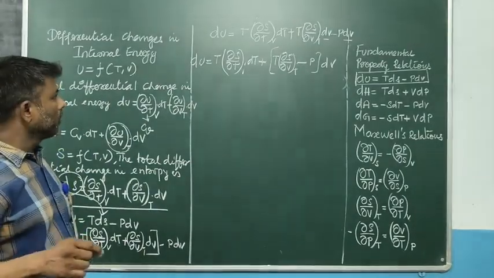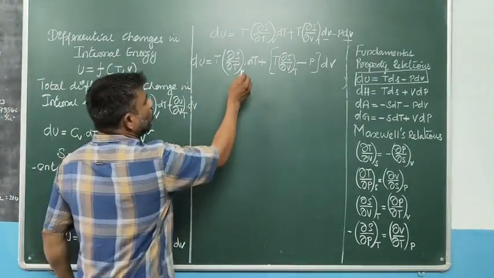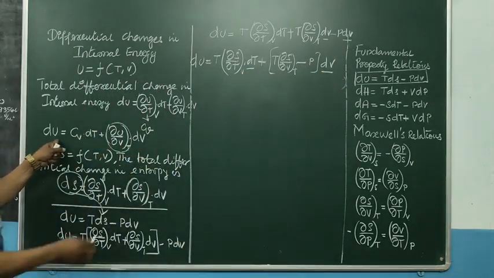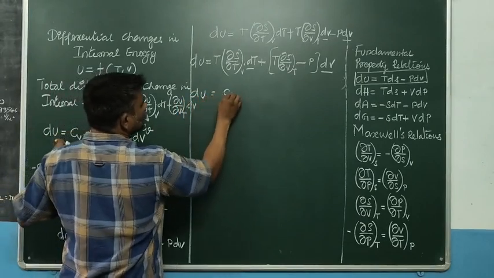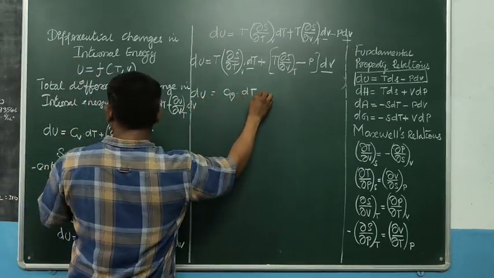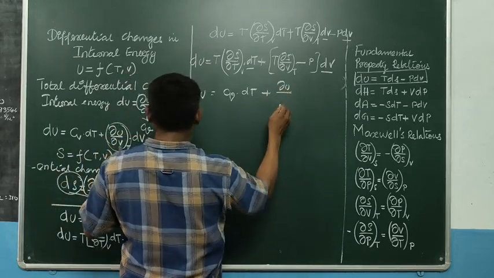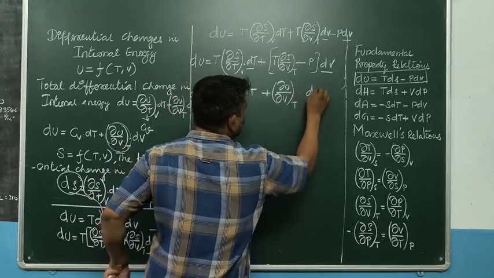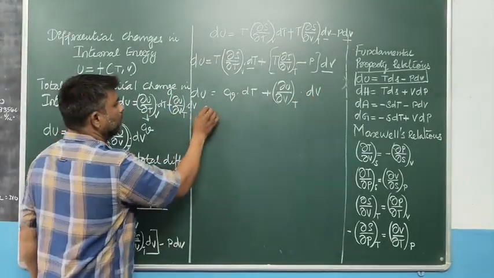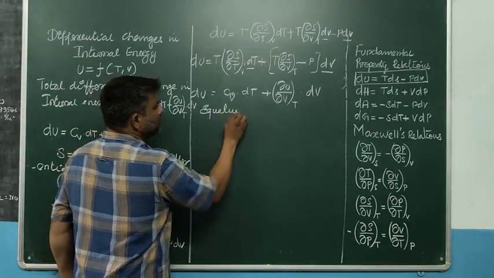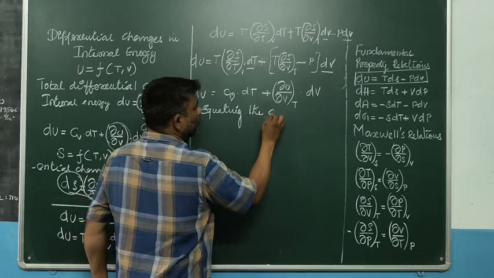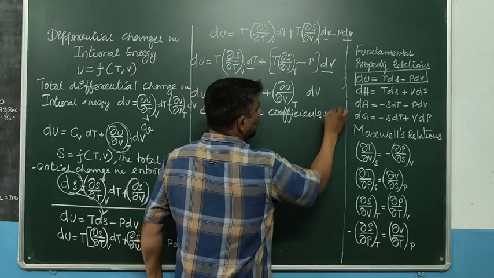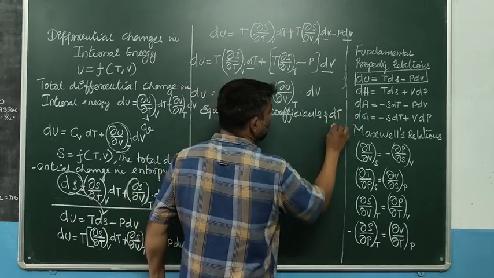What I am going to do now is equate the coefficients of dT and dV with this equation. Clear? So dU is equal to Cv dT plus (∂U/∂V) at constant temperature into dV. I am going to equate the coefficients of dT and dV.